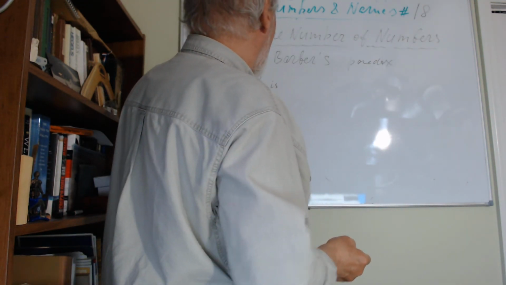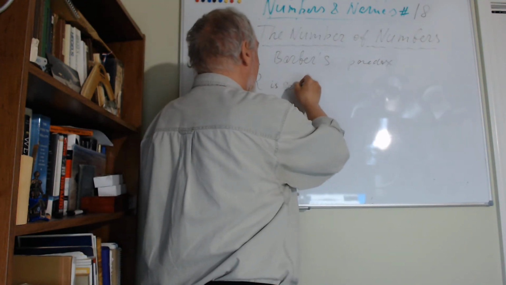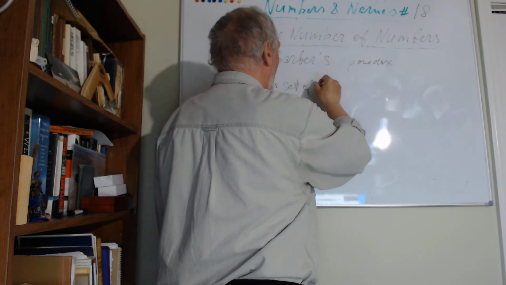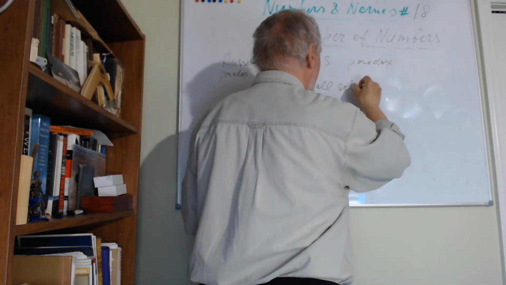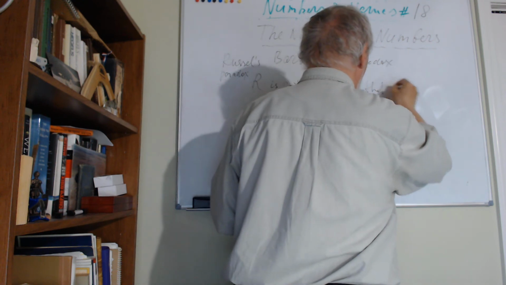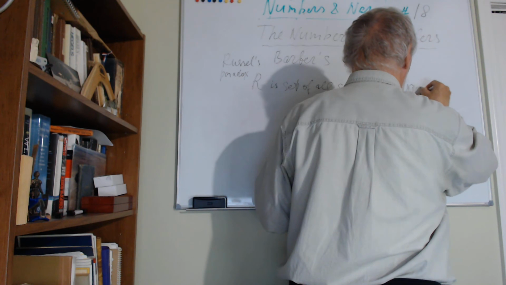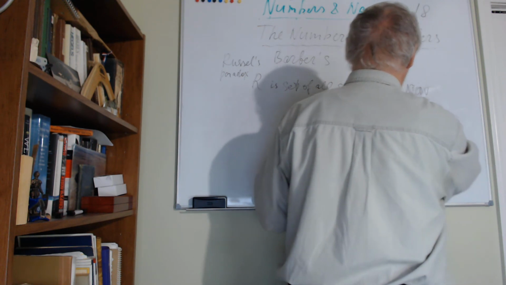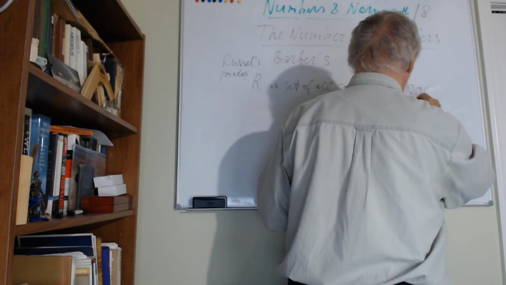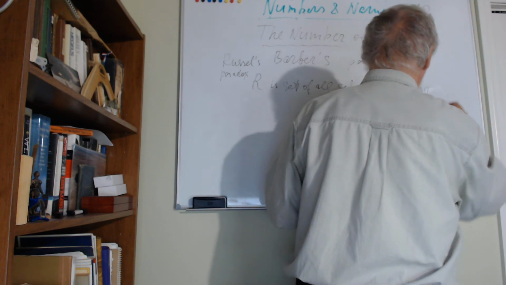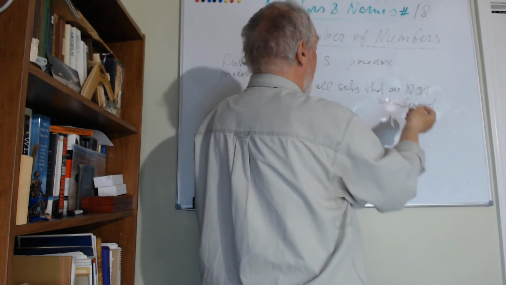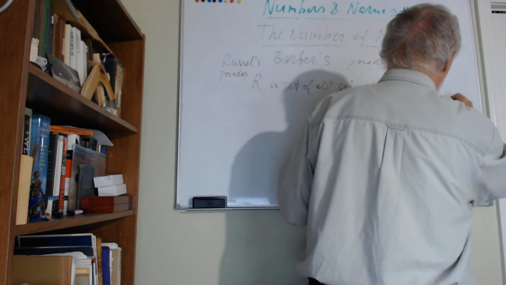Okay, this R is the set of all sets that are not members, or subsets, you may say, not members of themselves.